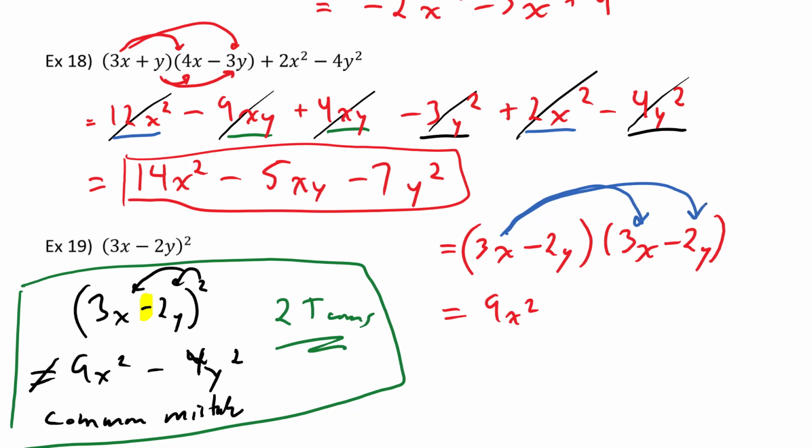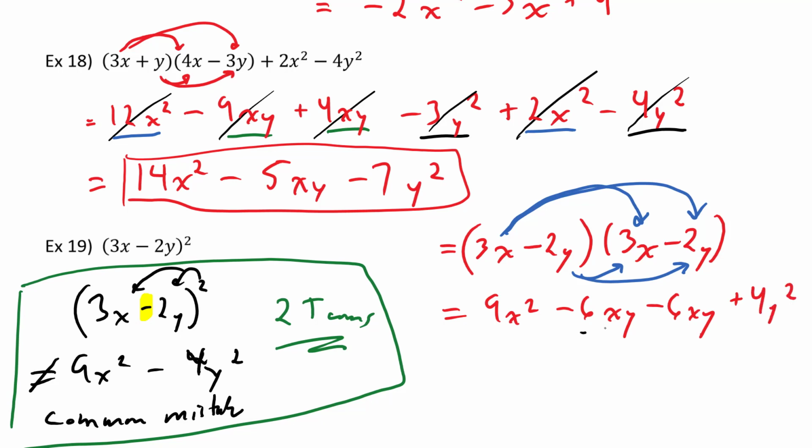First outside, I have 3x times minus 2y, minus 6xy. I do inside, minus 2y times 3x is minus 6xy. And then last, minus 2y times minus 2y is positive 4y squared.